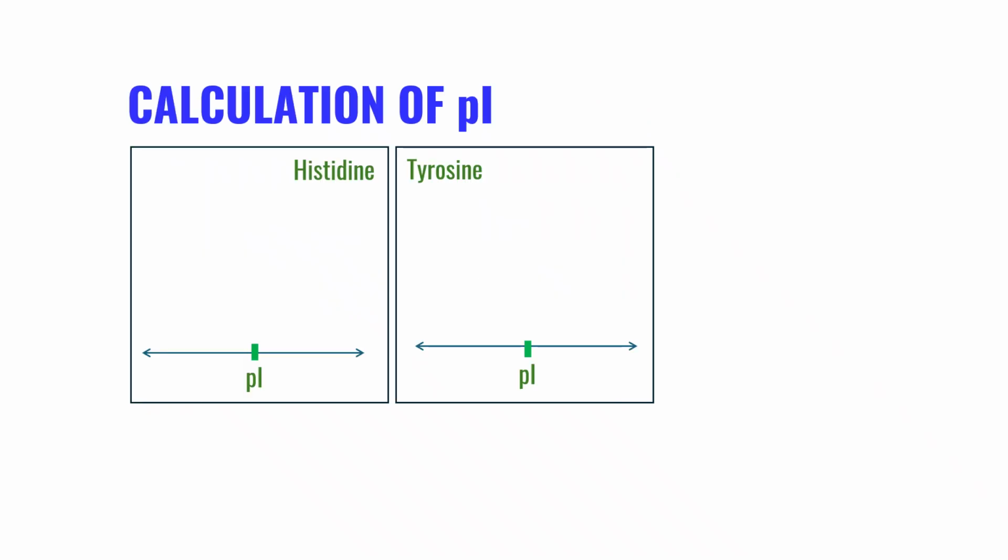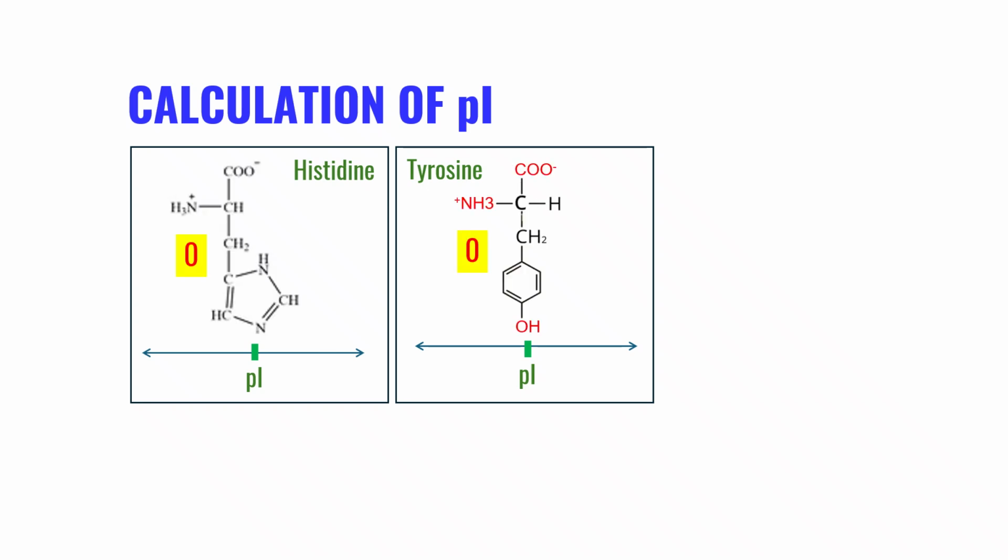Once you know the three pK values, you have to follow three steps. First is to identify the zwitterion for each amino acid. For histidine, this is the zwitterion because there is net zero charge on this molecule, and this is the tyrosine zwitterion. For tyrosine, it also has net zero charge.